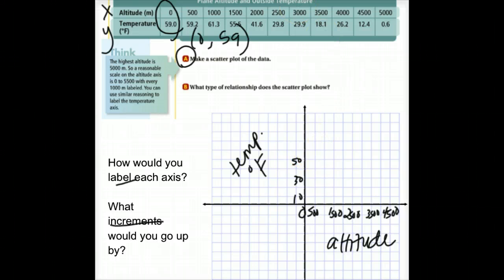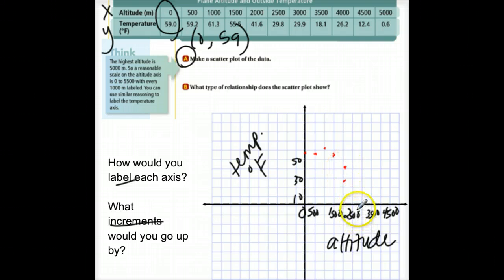Let's try that. So I'm plotting my points, looking at x and y. 0, 59. 1,000, 61.3. 1,500, 55. 2,000, oh sorry, 41.